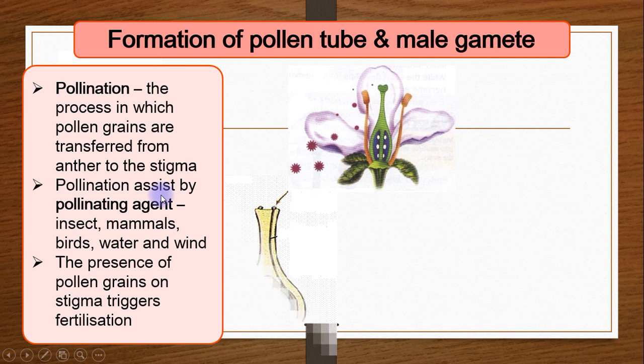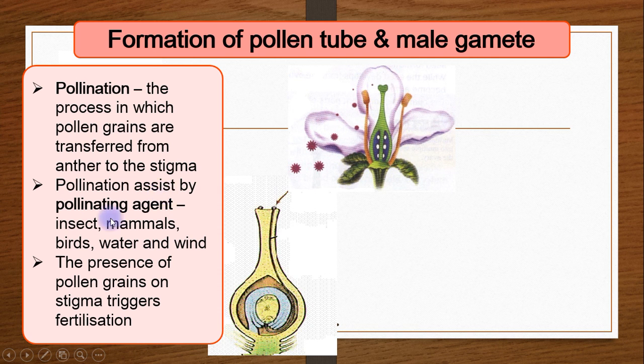Then pollination is assisted by a pollinating agent. Pollinating agent refers to agen pendebungaan. Examples of pollinating agents are insects like ants, and mammals, for example bats, birds, water, and also wind.